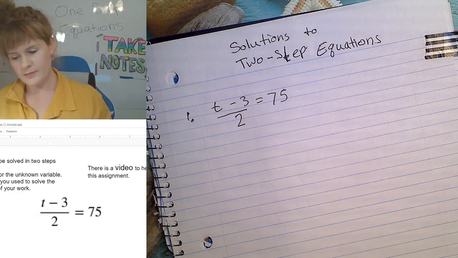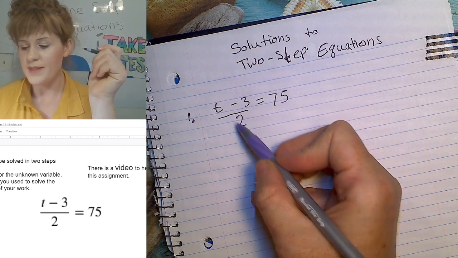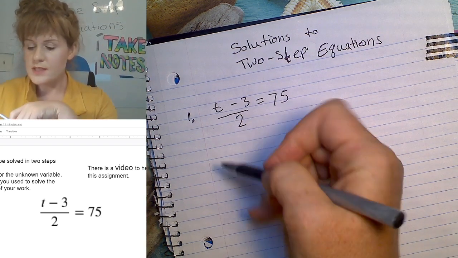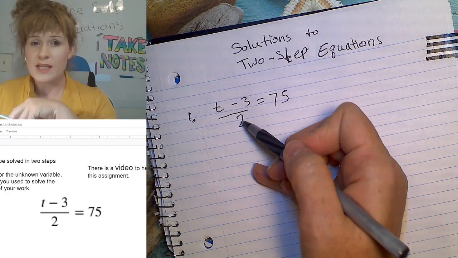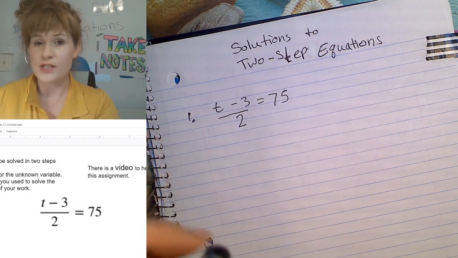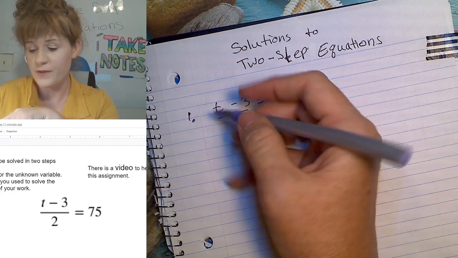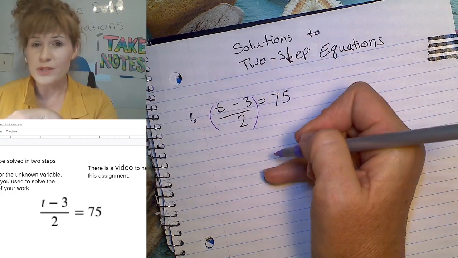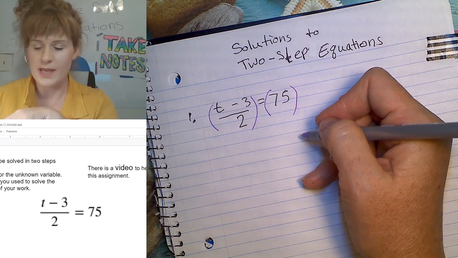Okay. The first thing we want to do is undo this division. t minus 3 is being divided by 2, and that's standing in the way of me solving this equation. So my strategy is to get rid of that 2 in the denominator first. In order to do that, I'll use the inverse operation, multiplication.